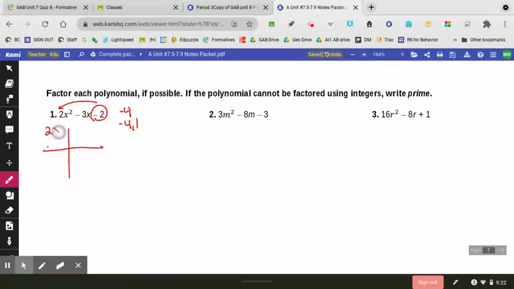I have 2x and 2x, negative 4 and 1. I look here. There is a GCF in 2x and negative 4, so I divide both by 2. 2x divided by 2 gives me x. Negative 4 divided by 2 gives me negative 2. So that is x minus 2 times 2x plus 1.